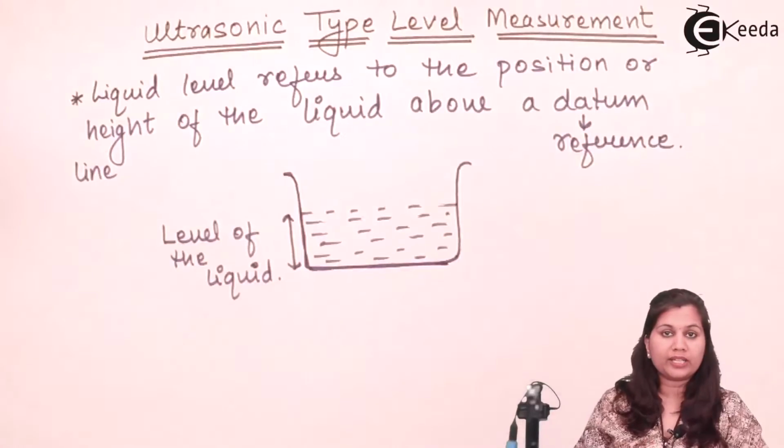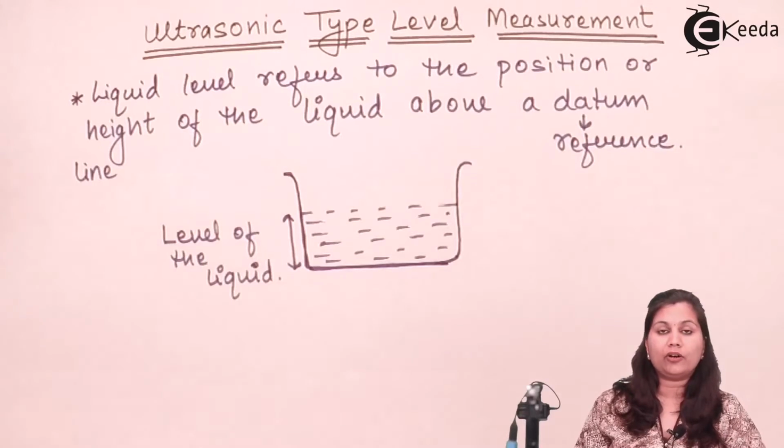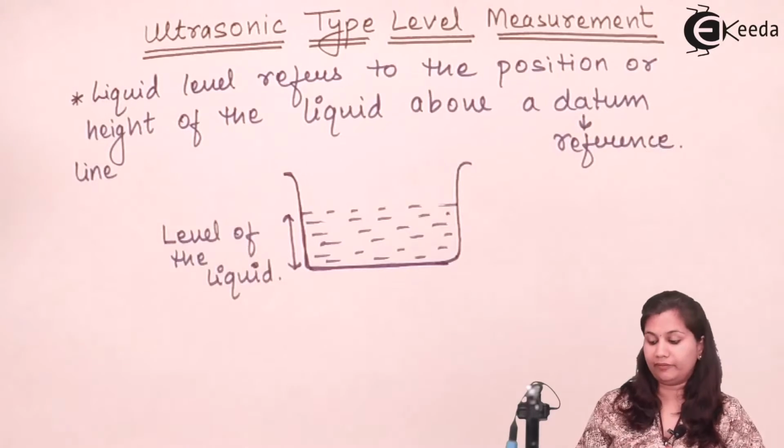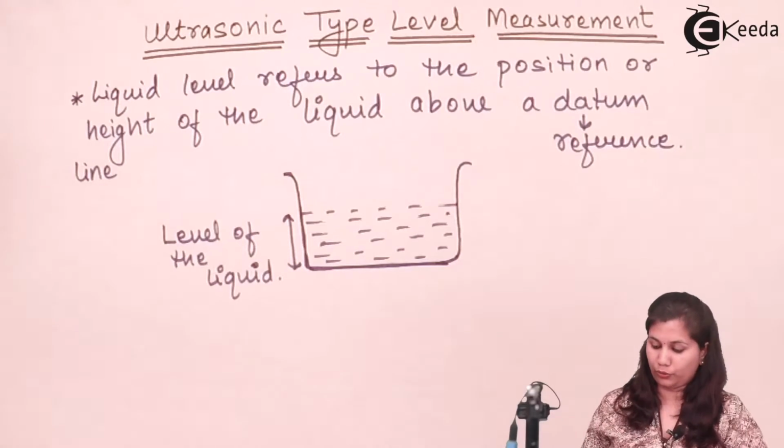Through this you can see that the measurement of the level of the liquid is a very important function in industrial processes, because there we want to find out the level of chemicals, solvents, different gases and different solid materials also.